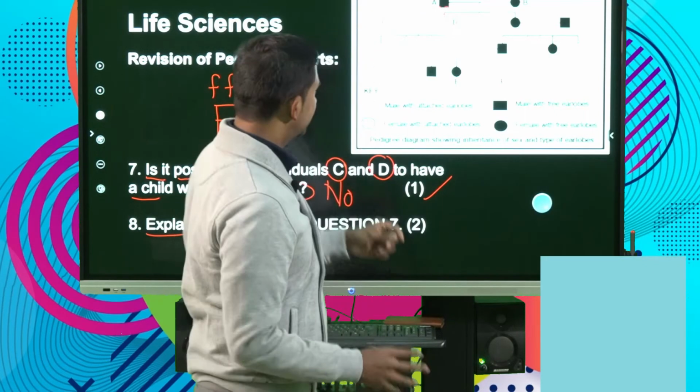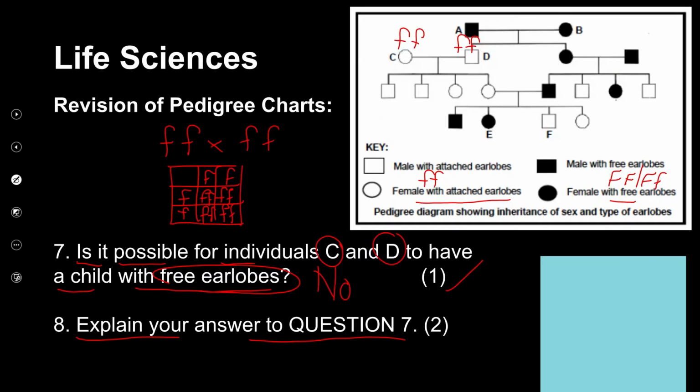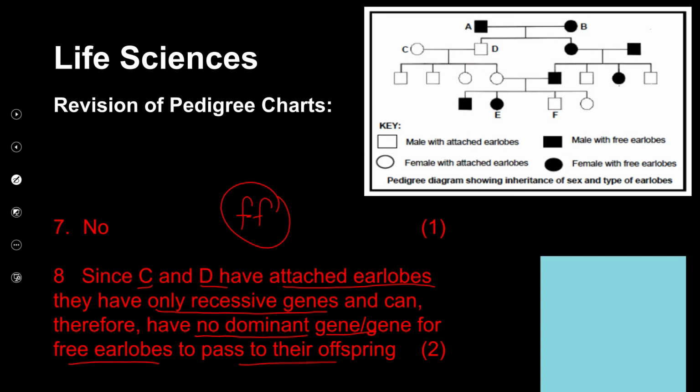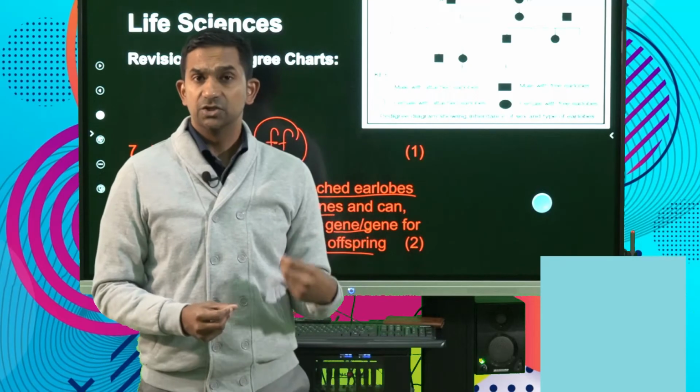In this case, when these parents are crossed, there is no other allele but the recessive alleles that can be inherited. So we would say that since C and D have attached earlobes, they have only the recessive genes, and can therefore have no dominant gene or genes for free earlobes to be passed on to their offspring. So it's literally impossible for that to happen.